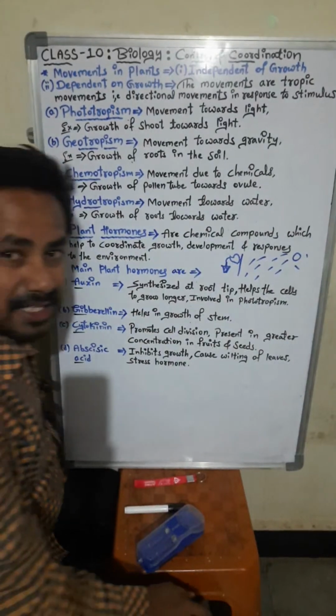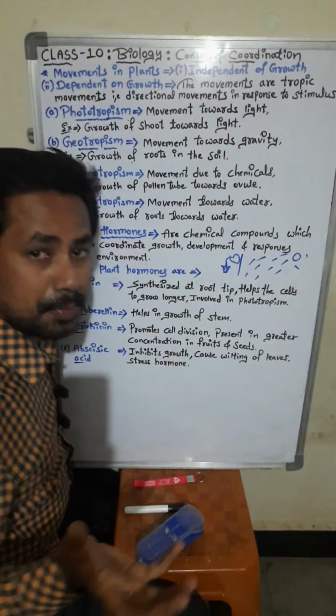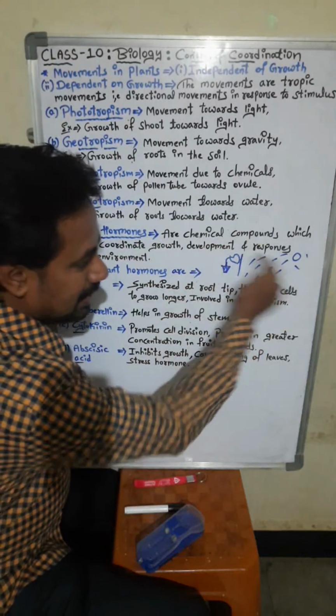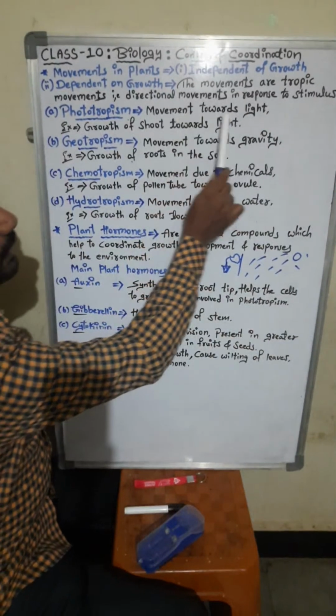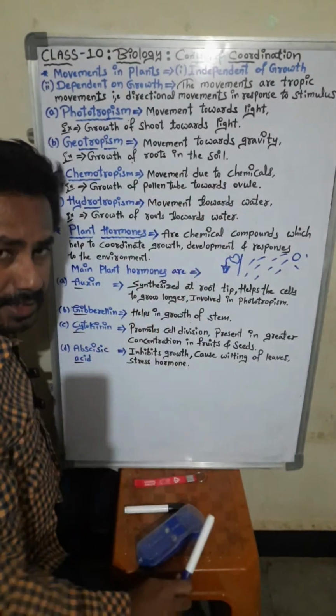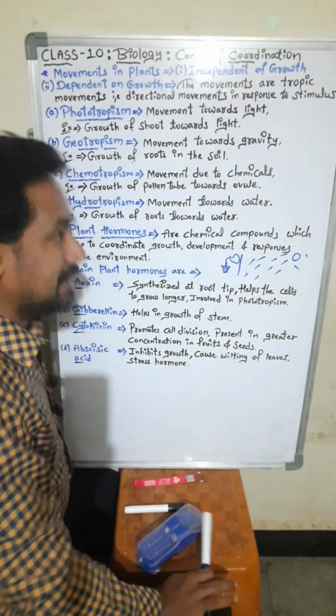Tropism means directional growth. Towards which direction? Towards photo. Photo means light. A plant growing towards the light is called phototropism. It is the movement towards the light. Simple.